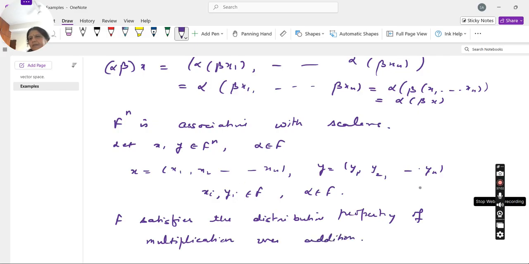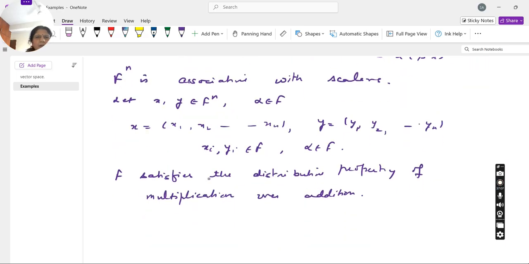So this means that alpha (xi plus yi) is alpha xi plus alpha yi for all i, where i is lying between 1 to n.